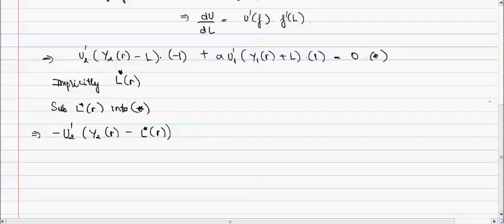So I got minus 1 over here, plus alpha u1 dash of y1 as a function of r plus L as a function of r, and that has to be equivalent to 0.